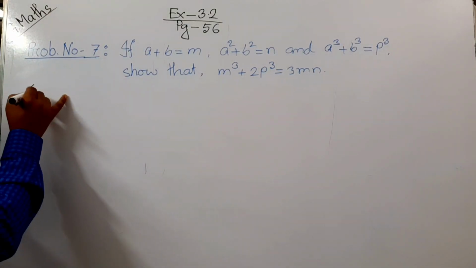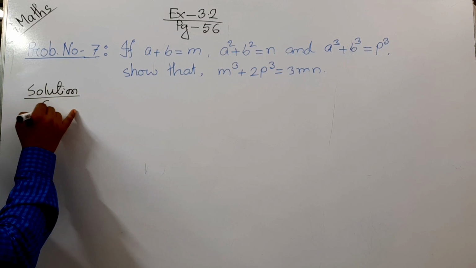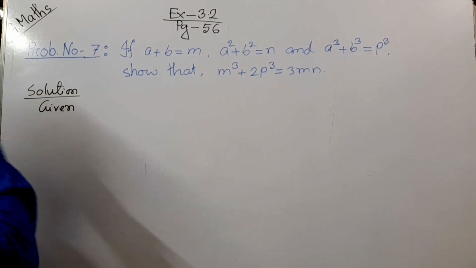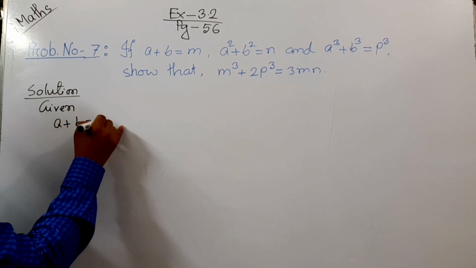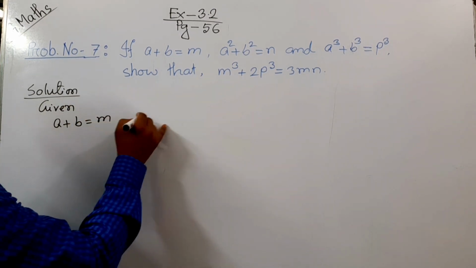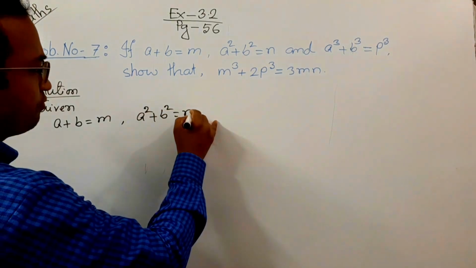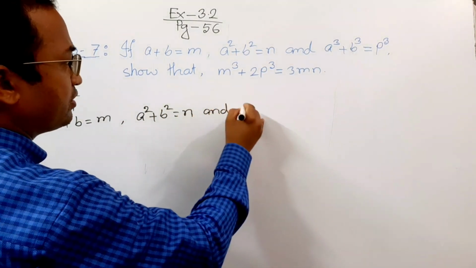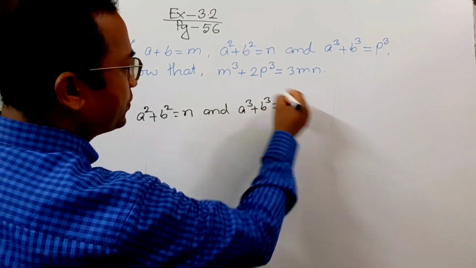At first, given a plus b equal to m, a square plus b square equal to n, and a cube plus b cube equal to p cube.